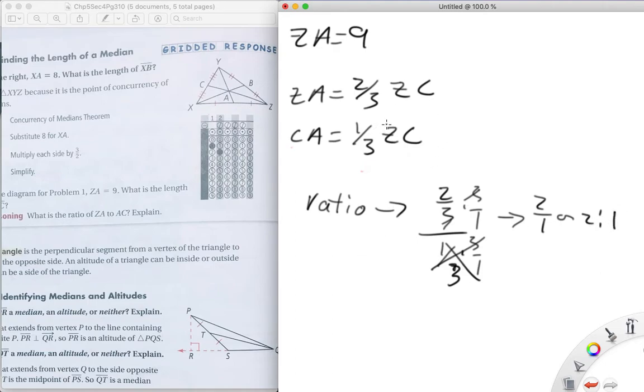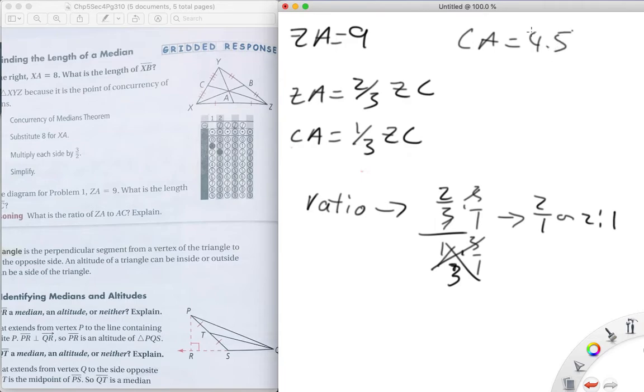So that means that when we have our median and they meet at the centroid, the distance of the longer side is always going to be 2 times the distance of the smaller side. For example, if ZA is equal to 9, then I would just divide that 9 by 2, and that would give me CA, which would be 4.5.